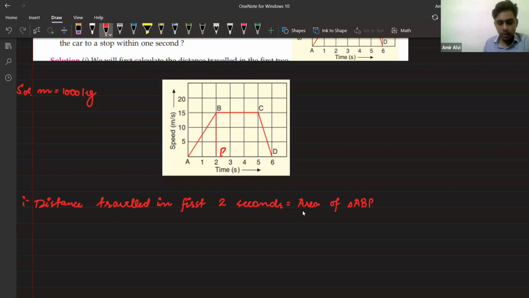Am I right, everyone? Yes or no? As you can see, this is a right angle triangle. Okay, so it would be half base into height, right?